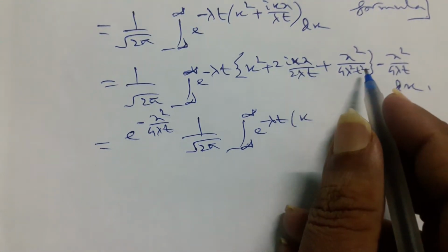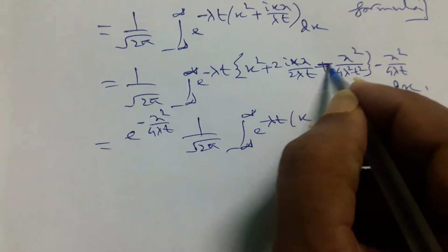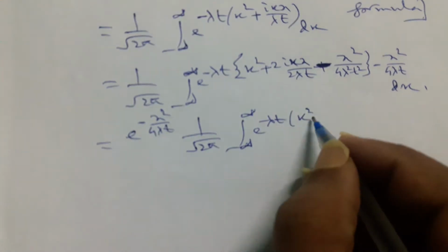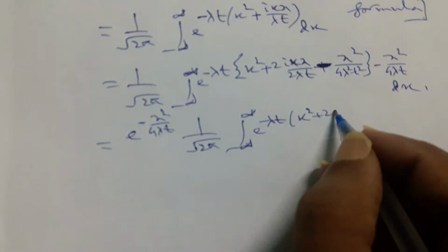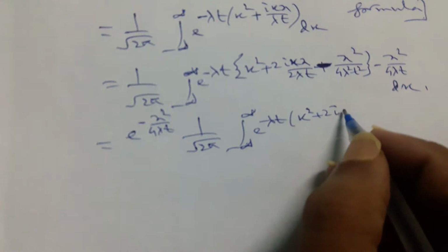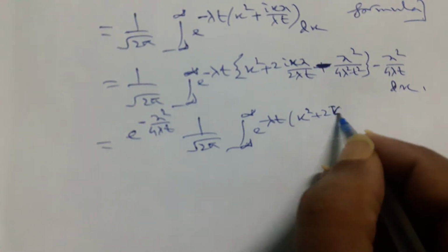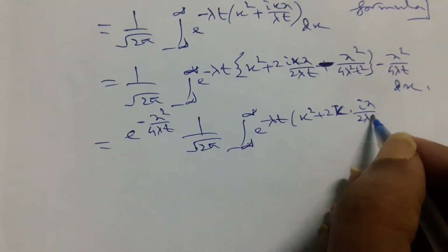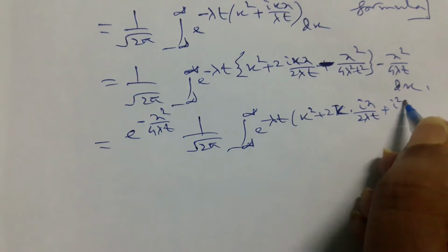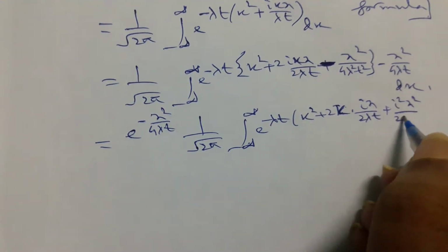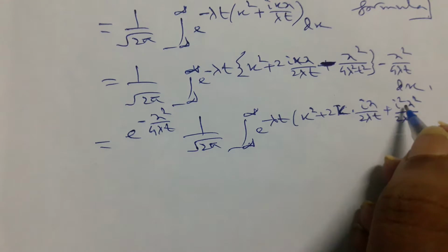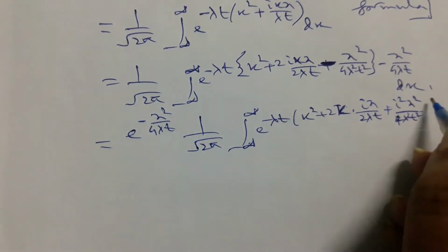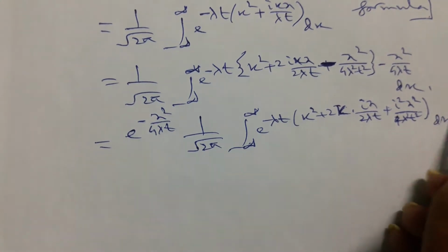It will be taking minus out, so k square plus 2 i into k into x by 2 lambda t plus i square x square, that will be minus 1, over 4 lambda square t square, dk.